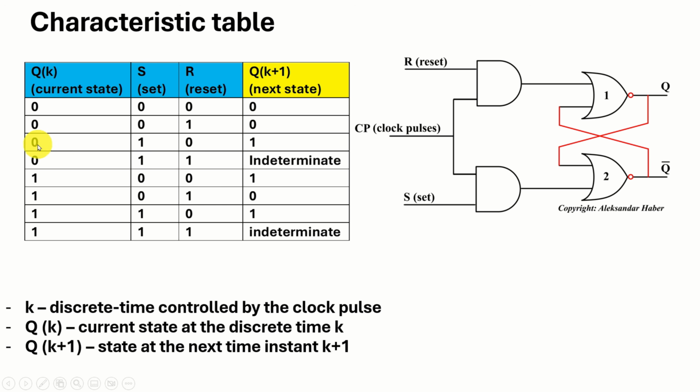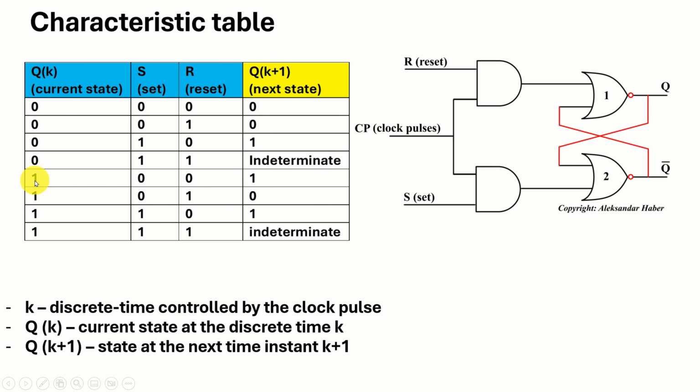Then, when the current state is 0 and the set signal is set to 1, while the reset signal is 0, the next state will be 1, and over here we change the state. Next we have our critical state, that is when the current state is 0, set is 1 and reset is 1, we have the indeterminate state. And the reasons are explained previously.